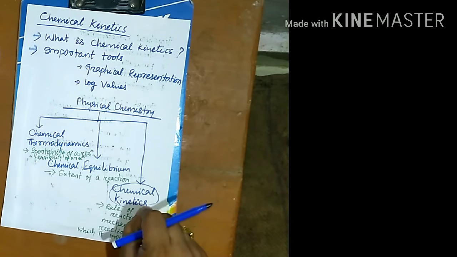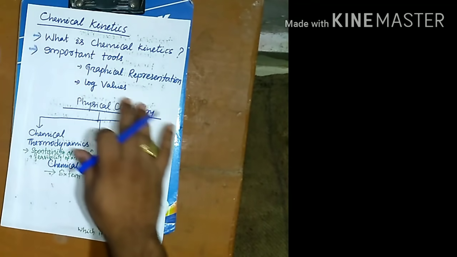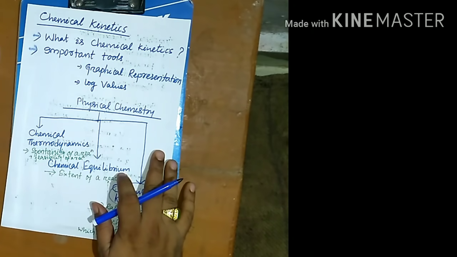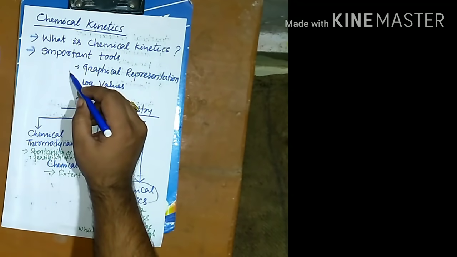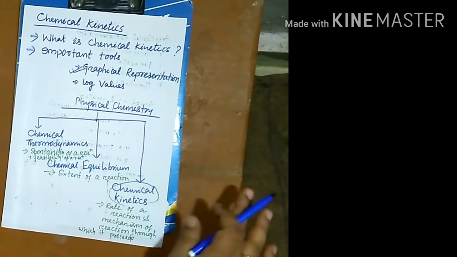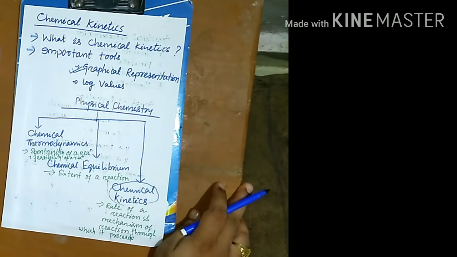To read this chemical kinetics, or you can say physical chemistry, a student has to be very sure about some graphical representation, because most of the questions cover graphical representation. Remember, this is a unique video because today in this video lecture we are not going into detail about the syllabus.